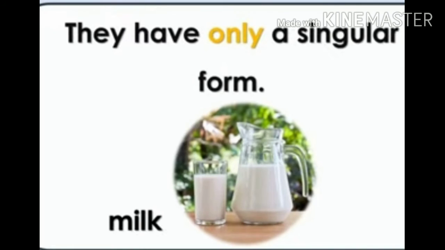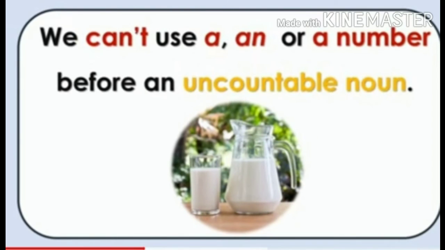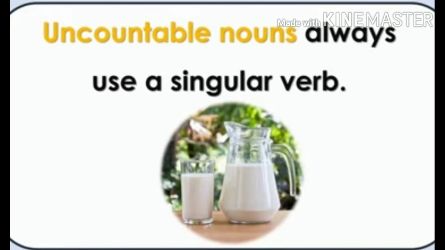We cannot use a, an, or a number before uncountable nouns. In countable nouns we can use all of these, but in uncountable nouns we cannot use a, an, or a number. And uncountable nouns always use a singular verb.